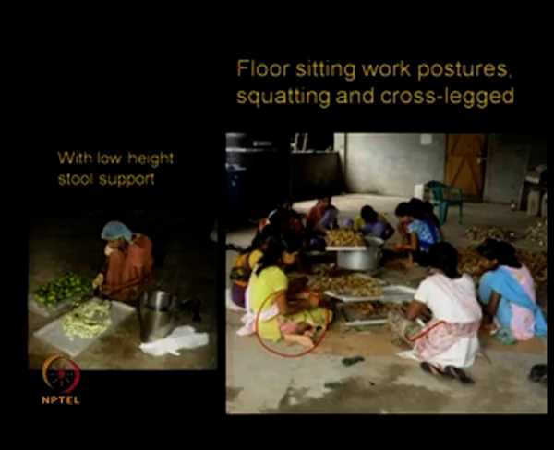So, while working in a group, different types of floor sitting are used, and this type of floor sitting in a group also it creates an interactive environment where a group can perform certain tasks.